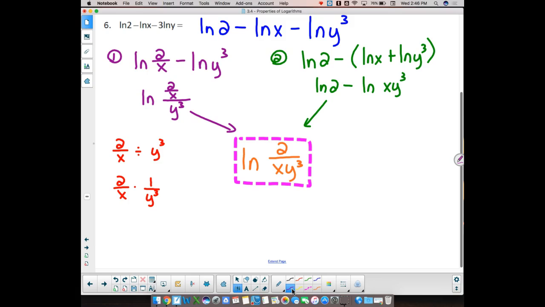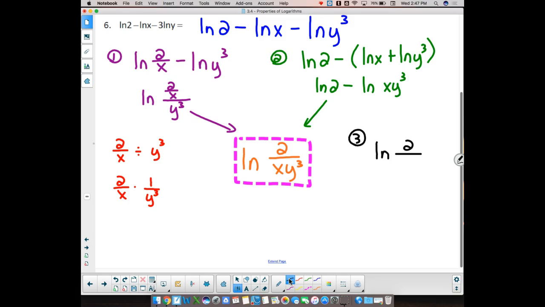Yet another, probably more common way of thinking is saying, all right, I've got the natural log of 2. That's going to go on top because I know I'm subtracting something, right? And anything that's being subtracted then goes downstairs.